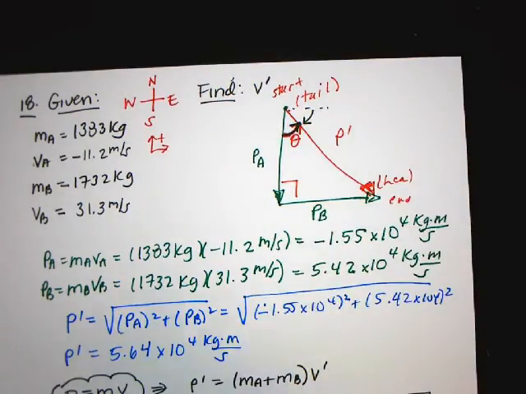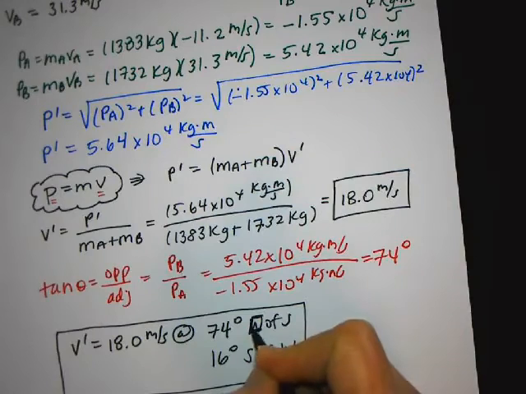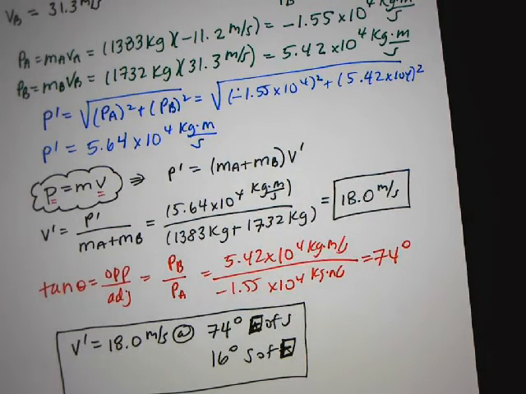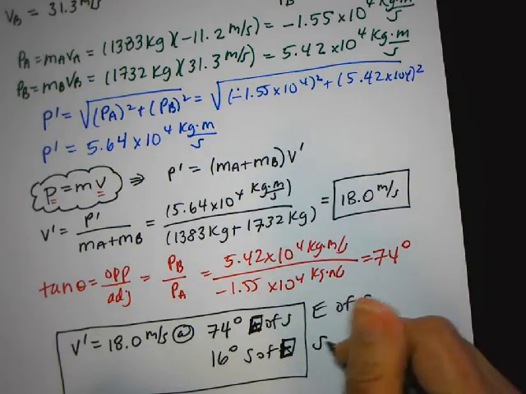This is south and that's east. I wrote the wrong thing. This is east of south. Sorry about that. And this is south of east. So this should be east of south and south of east.